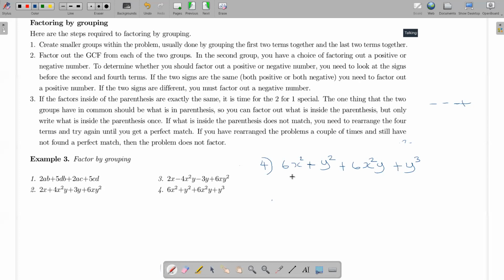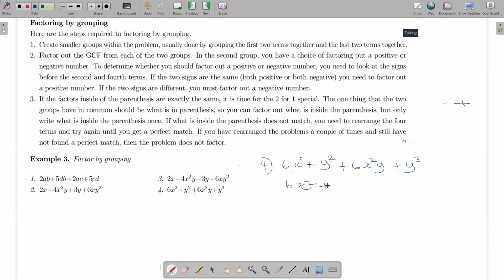So if I look here, these two don't have anything in common. Again, these four terms don't have anything in common, no? Also if I look at the first two, I don't have anything in common. So what I'll do is change the order of these two terms.